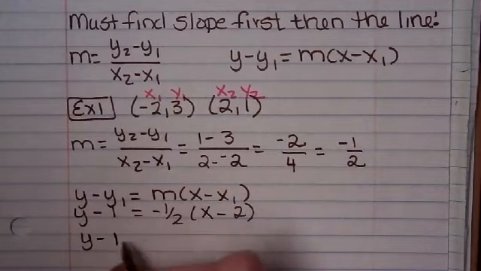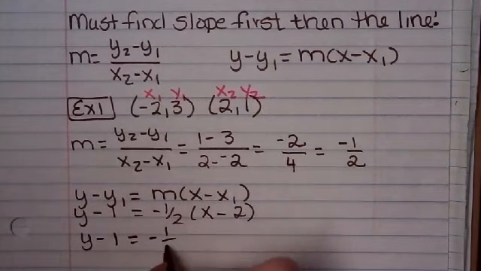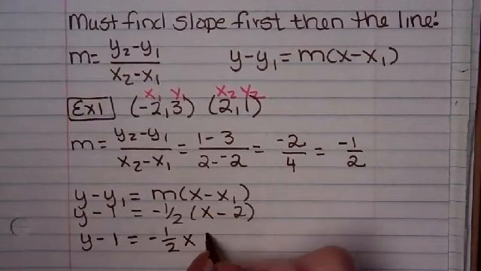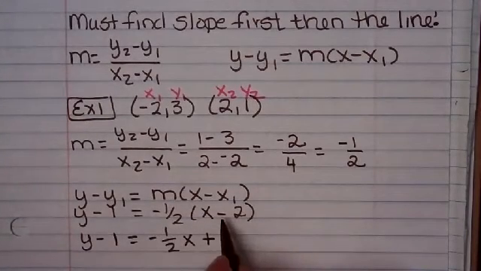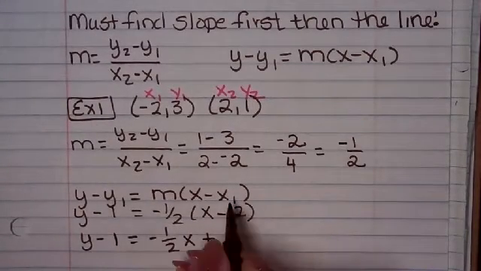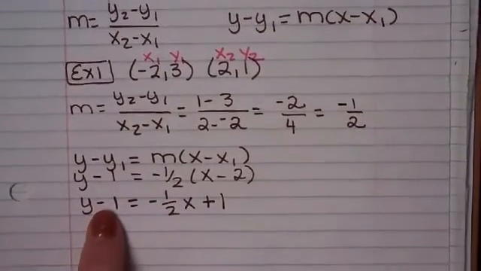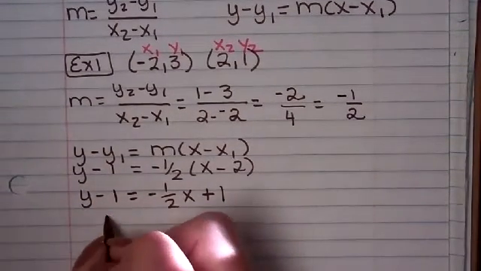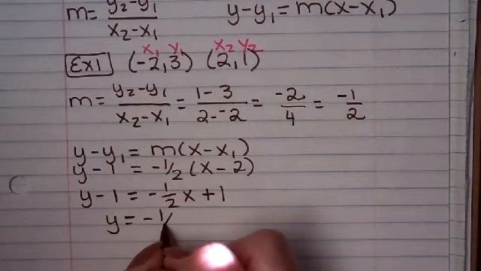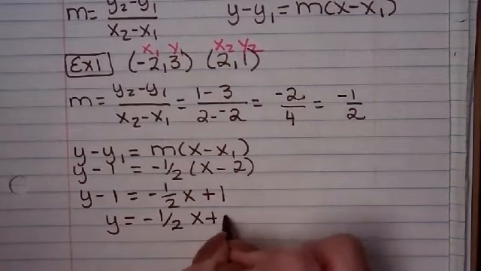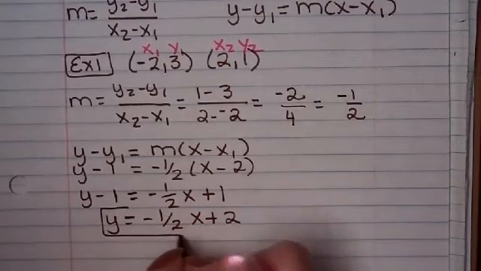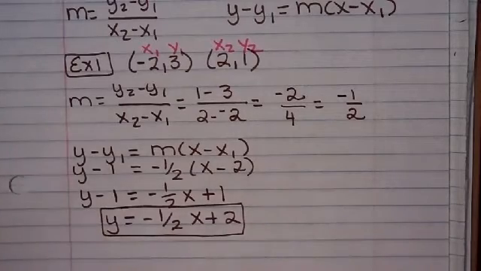So y minus 1 equals -1/2 x plus, because negative times a negative is a positive, 1/2 of 2 is 1. Then we know we're going to add this 1 to both sides. So I'm going to have y equal to -1/2 x plus 2. And that is my answer right there.